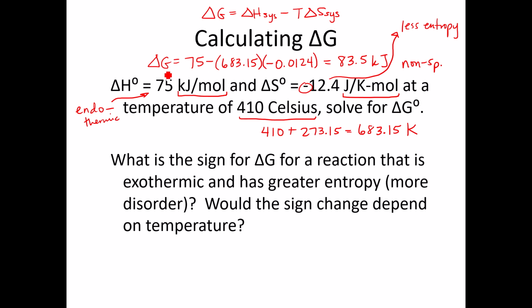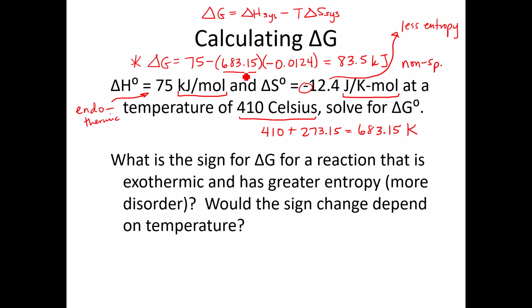And if I look at my equation here, and I think about substituting any other temperature, is there any temperature I can put in here that would give me a negative delta G? So if I think about any possible Kelvin temperature, has to be positive.